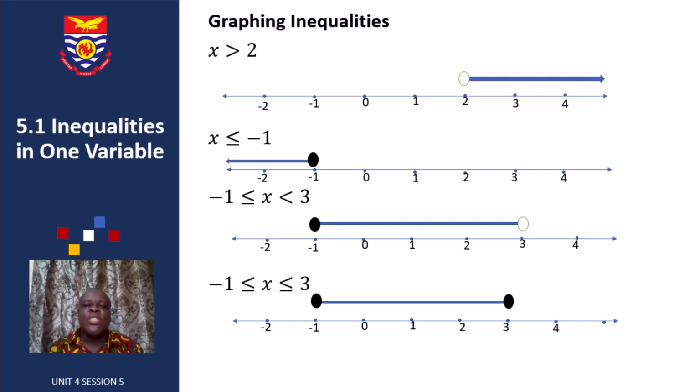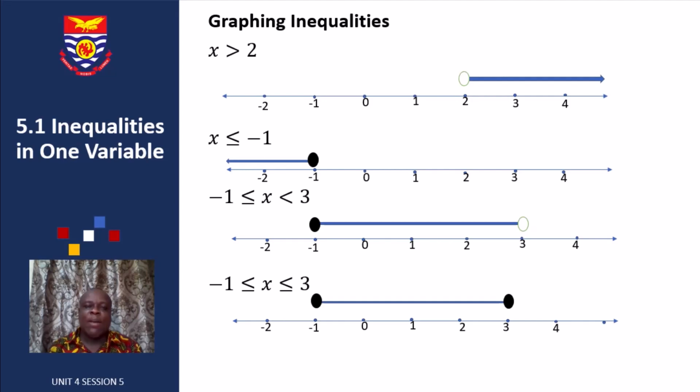Because it is only greater than 2, 2 itself is not part of it, so you are not going to shade inside the circle. You only draw the circle and draw the arrow moving towards the right to show that you are talking about all the numbers that are greater than 2. The length of the arrow depends on how long you wish to draw it.